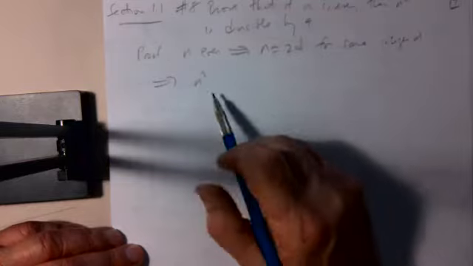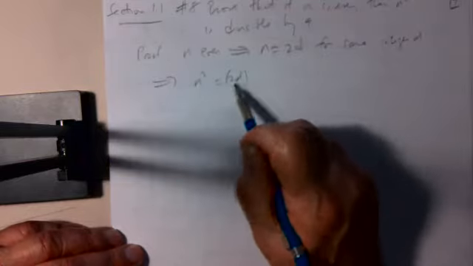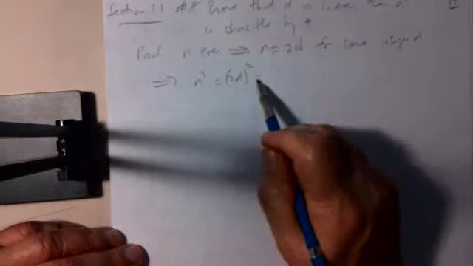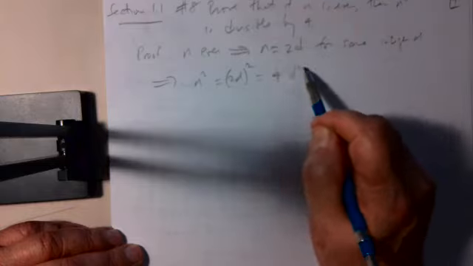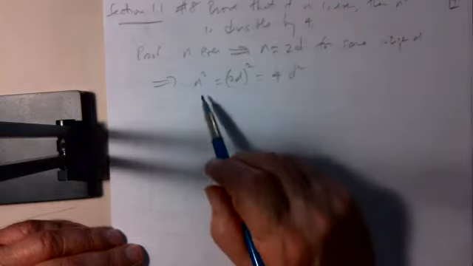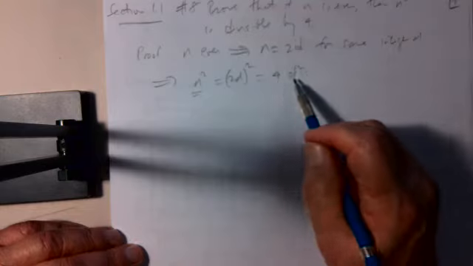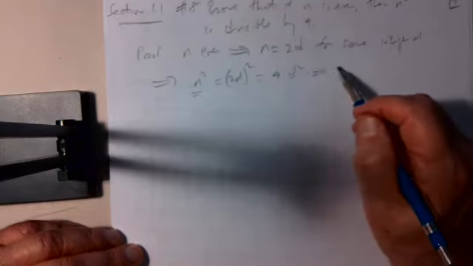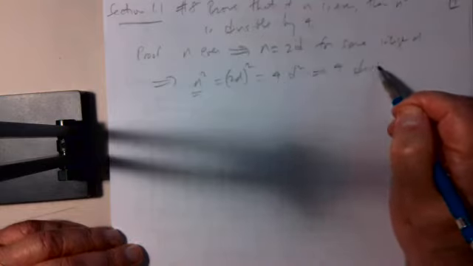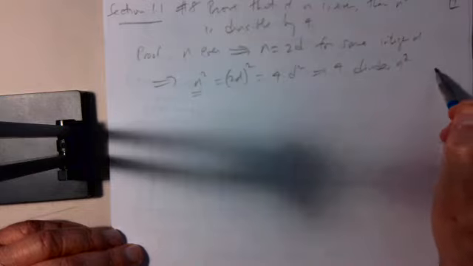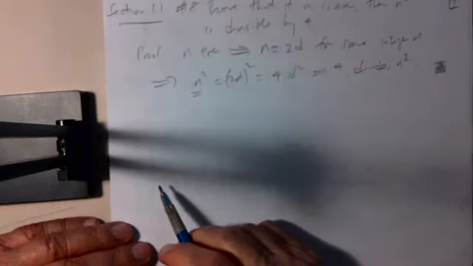So n squared is the quantity 2d squared, which is 4 times d squared. So n squared is 4d squared. So 4 divides n squared. That's the whole proof.